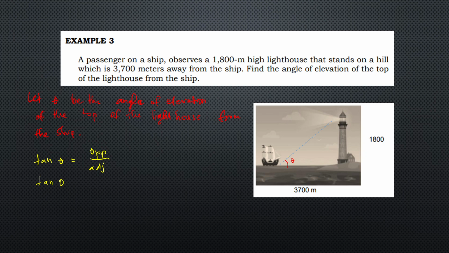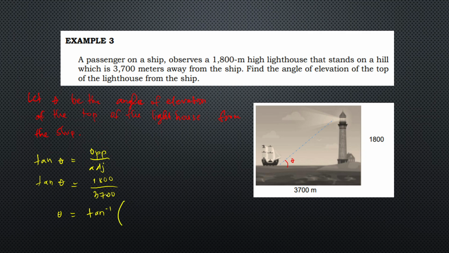Since we're solving for the theta, we cannot replace the theta with anything. So we replace the values. The opposite is 1,800 over the adjacent 3,700. So then we apply the shift. Okay, take note. Shift tangent, that will give you a tangent -1.